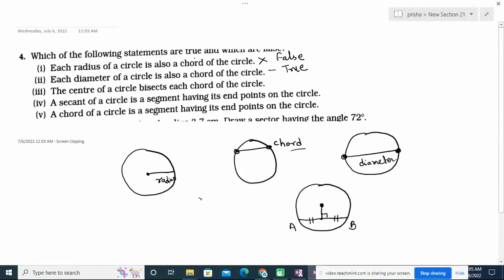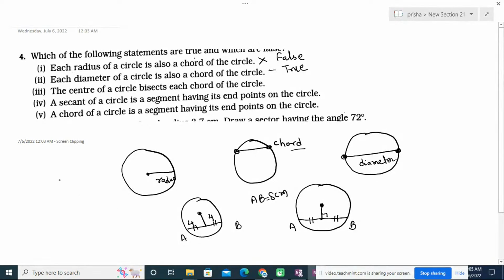For example, if we have a circle and length of the chord AB, let it be 8 centimeter. And if we draw any line from the center on this chord, and after that, if we measure these lines, we find that they are equally divided, 4 and 4.